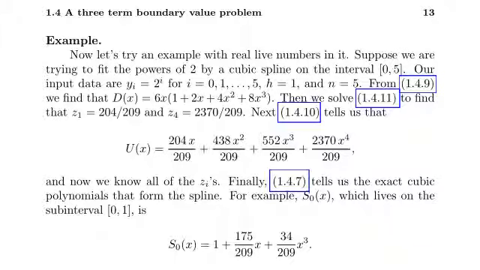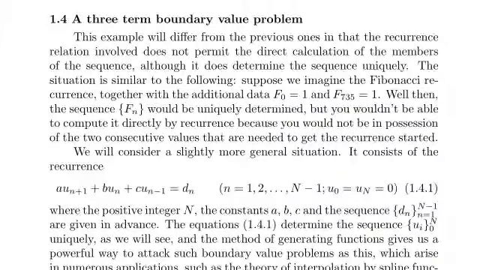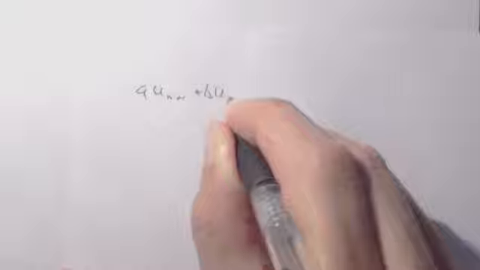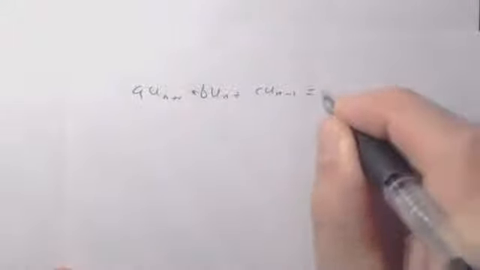So I spent a little bit of time investigating this, and I realised what I was doing could be generalised back to the case that we worked through at the start of the section, the free term value boundary problem, where you have the relation a u_{n+1} + b u_n + c u_{n-1} = d_n.